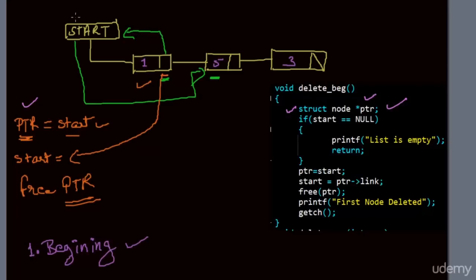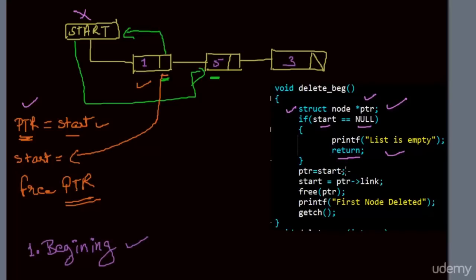If start doesn't contain anything, it's a null pointer, then there is no node in the linked list. Obviously, if start equals null, we will simply print list is empty and return.